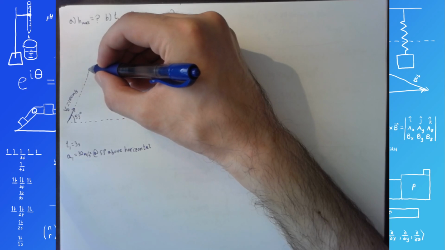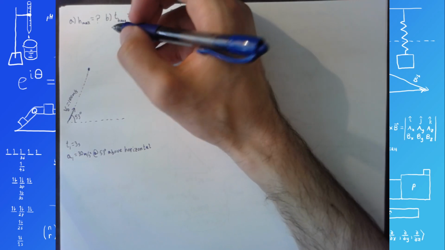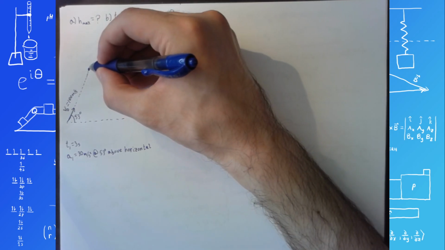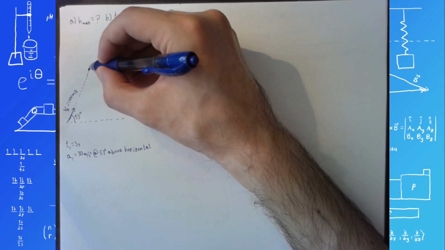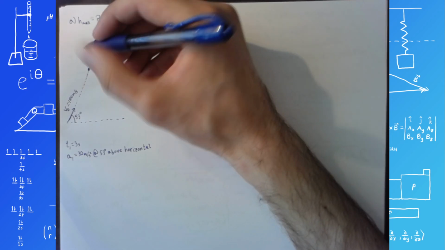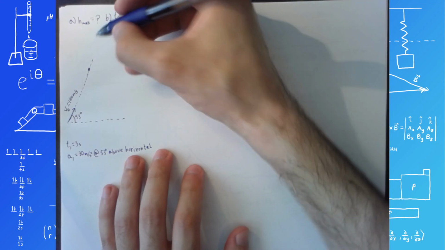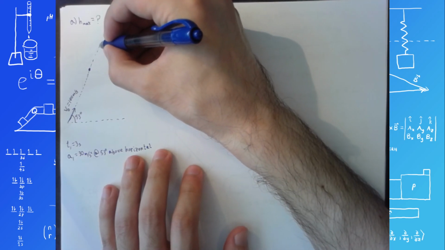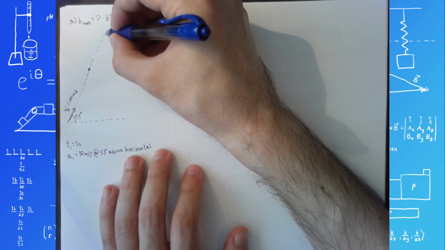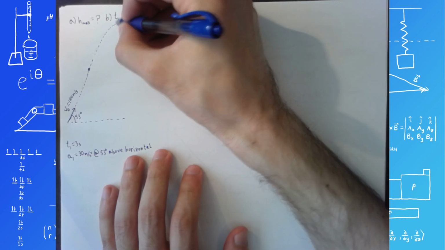Other than that, once you get to this point, everything continues from this point onward as projectile motion, so we're going to have it go up, and from this point, the path is going to start curving, like what we've seen in our other projectile motion problems. Not drawn to scale, I'm pretty sure.